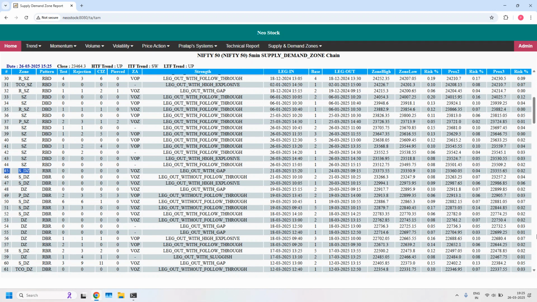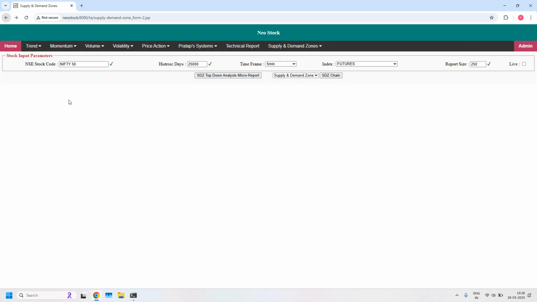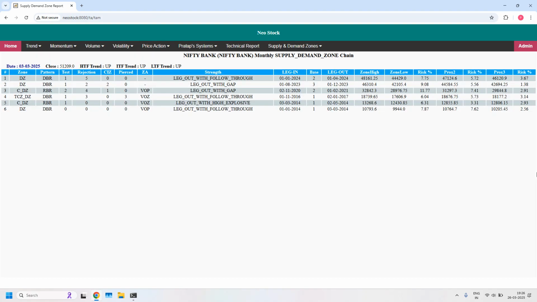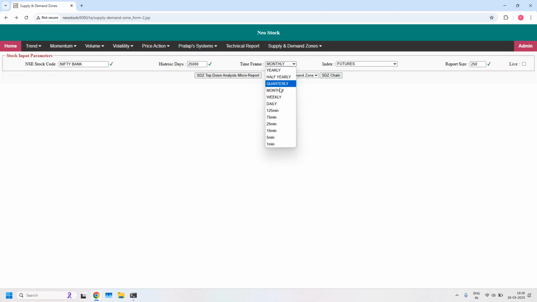Next, we will generate Bank Nifty supply demand zone chain. That is nothing but Nifty Bank. Generating monthly supply demand zone chain for Bank Nifty. Next, generating weekly supply demand zone chain for Bank Nifty.